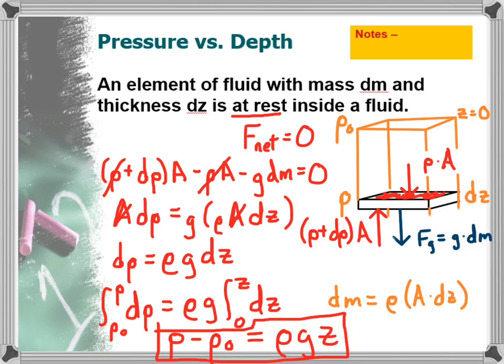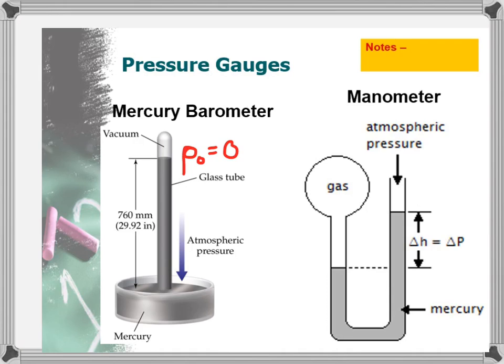So let's actually look at, I believe I have an example coming up next. No, I don't. I have pressure gauges. Now, the way that we actually measure pressure works on this principle of how pressure varies versus depth. So one way to measure absolute pressure, actually the pressure of atmosphere, is to have a column of mercury.